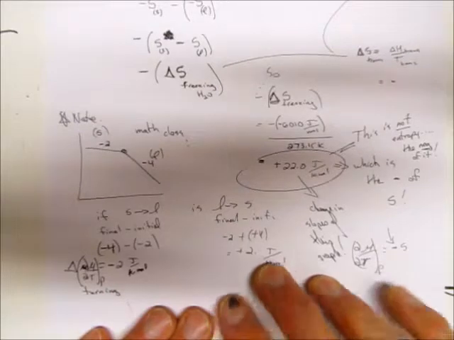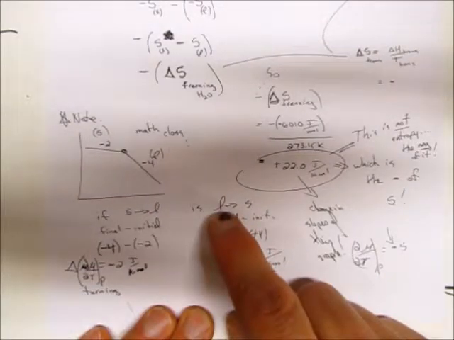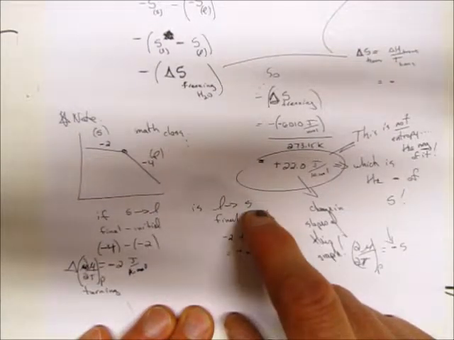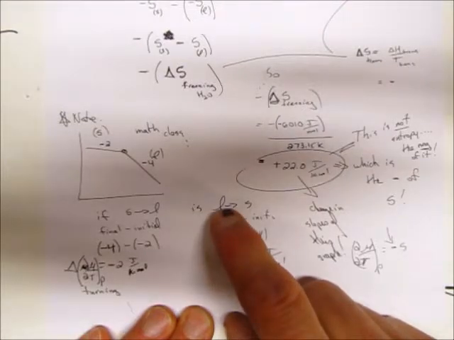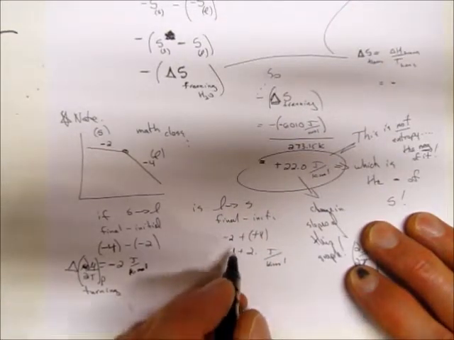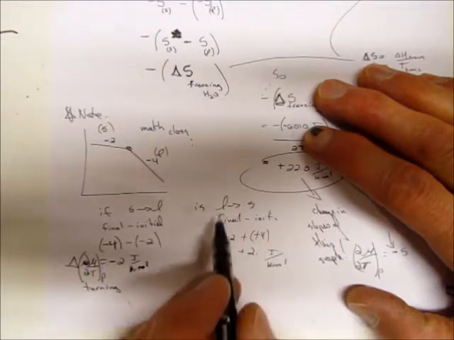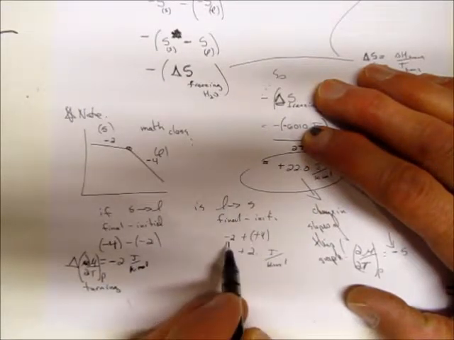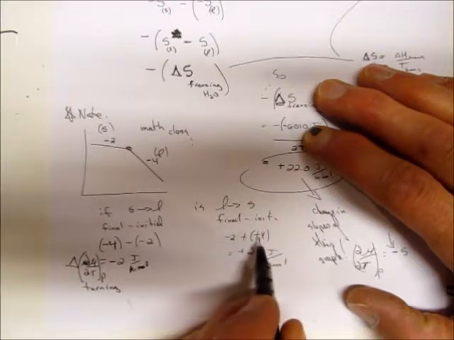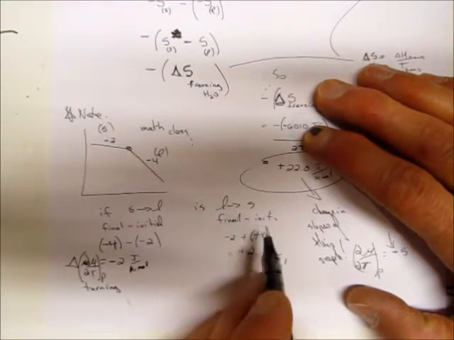It's tricky. If we redid this calculation, what if we went from liquid freezing to solid? Liquid to solid, the final would be the solid, which is a -2, subtract the -4 of the initial, which was the liquid.